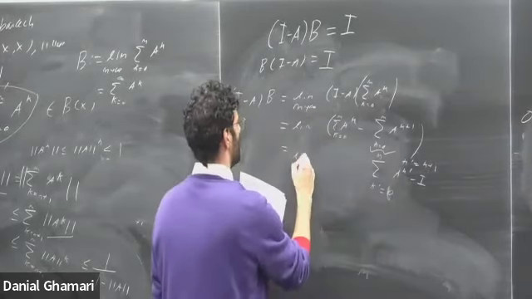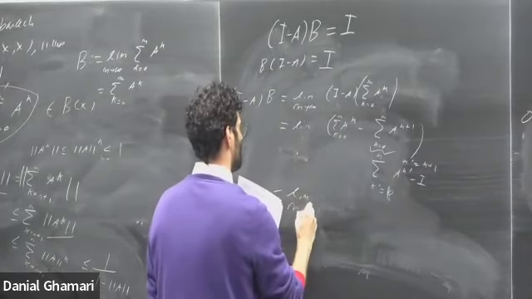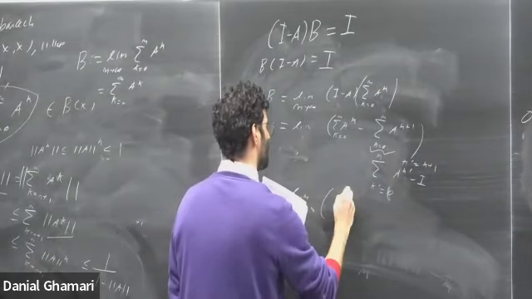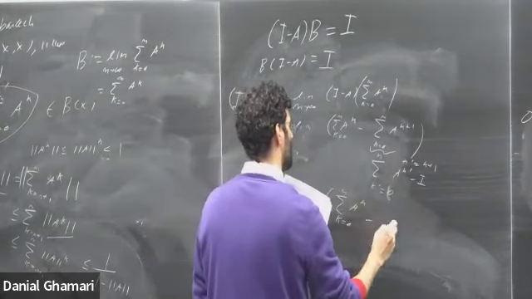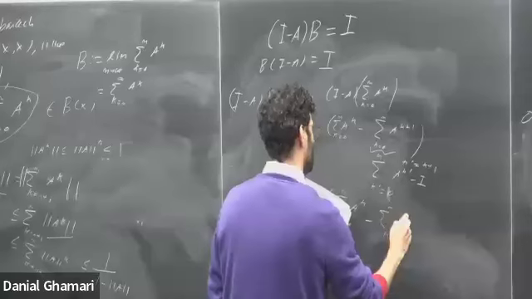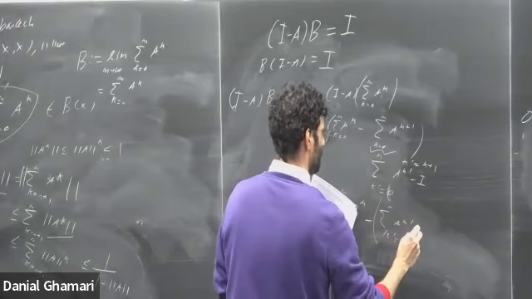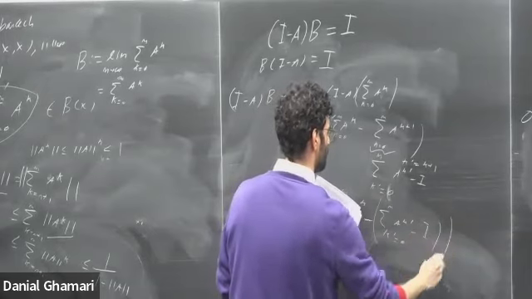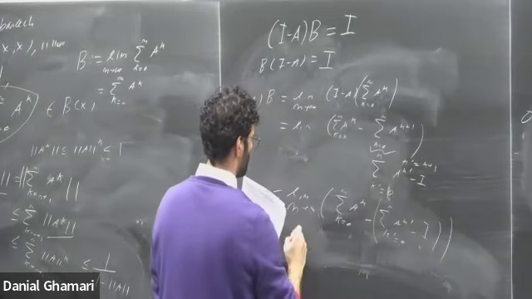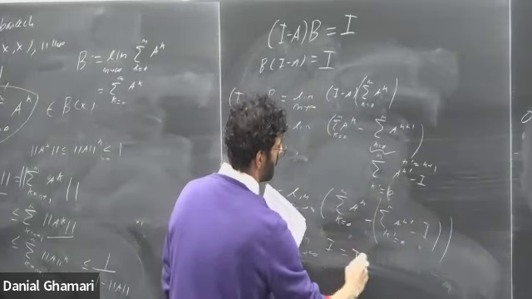Then this is equal to the limit as m tends to infinity of the sum from k equals 0 to m of a^k, minus the sum from k prime equals 0 to m of a^k prime, minus the identity. Minus times the minus gives me I. These terms cancel. This is just equal to the limit as m tends to infinity of the identity.